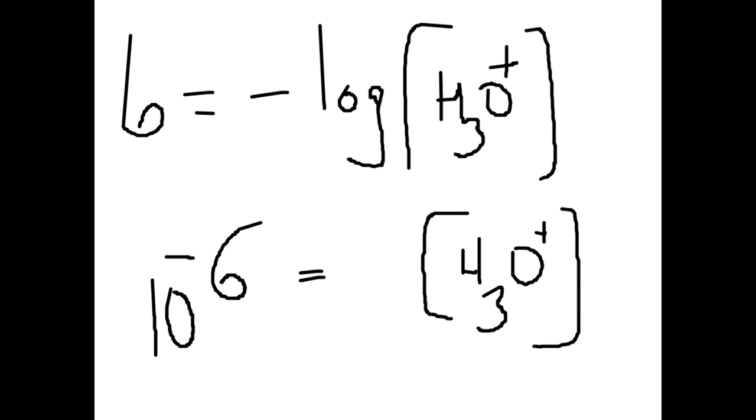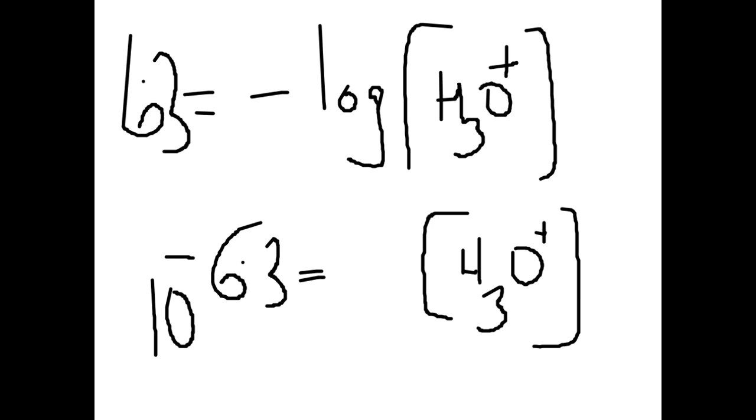Now you must be able to solve. It's easy. If it's just 10 to the negative 6, that's the answer. You don't even need a calculator if you have whole numbers. But what if I said pH was 6.3? Saying 10 to the negative 6.3 doesn't really sound right. Now you got to solve it.